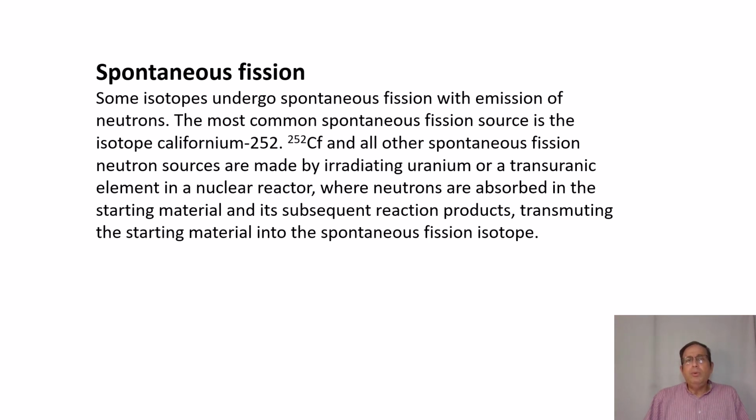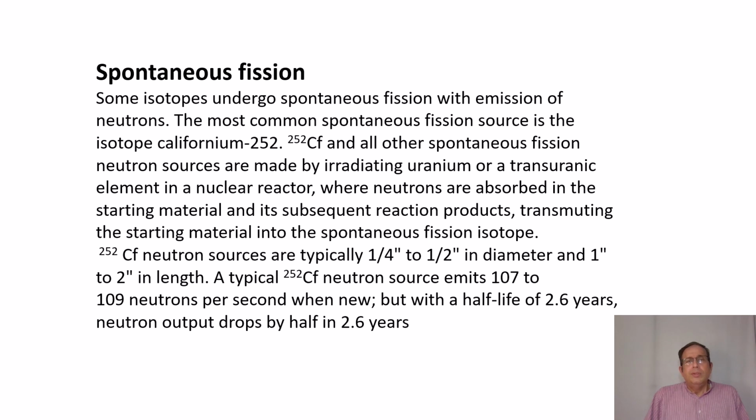So the radiation from the nuclear reactor irradiates either uranium or transuranium elements and produces spontaneously decaying species which are spontaneously fissionable. And then the neutrons that are coming from the nuclear reactor are absorbed in the starting material, and the products that they form are basically spontaneously fissile, and then they produce fission reaction and the production of neutrons in the process.